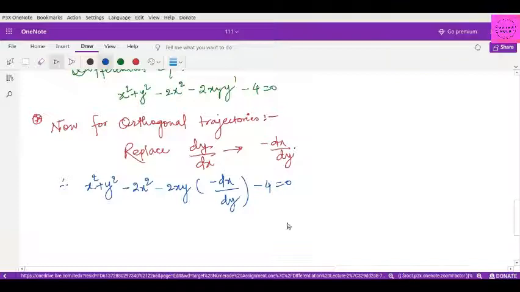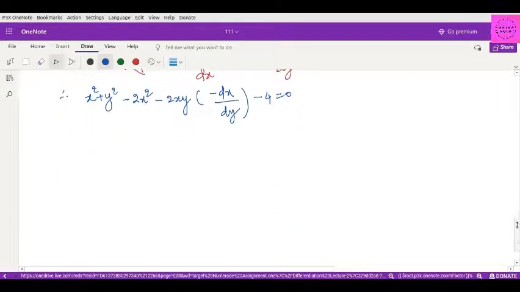Now further we have the equation as x square plus y square minus 2x square plus 2xy dx upon dy minus 4 equals 0.